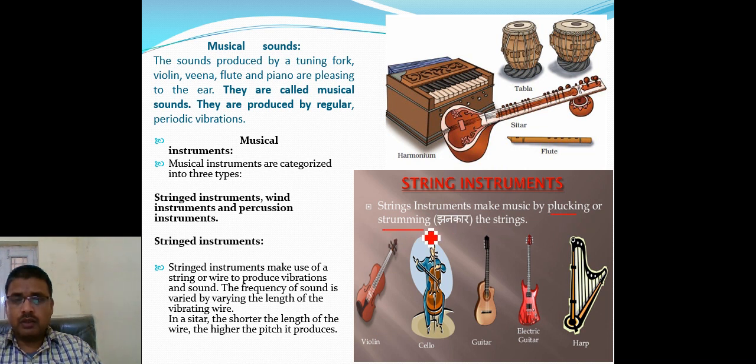Now, what happens here? When you pluck this string with any small piece of hard thing like a coin or whatever hard thing, and you pluck these kind of strings, what happens?